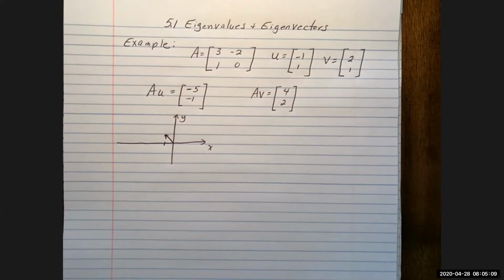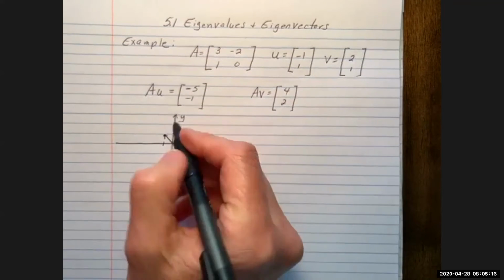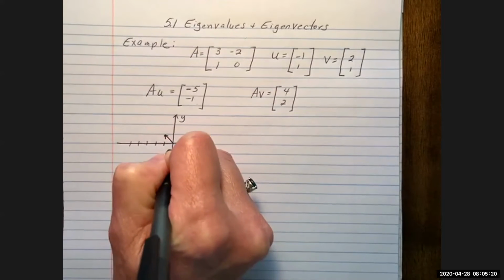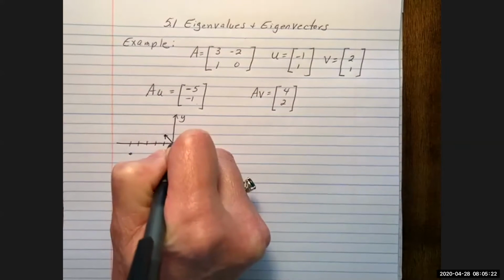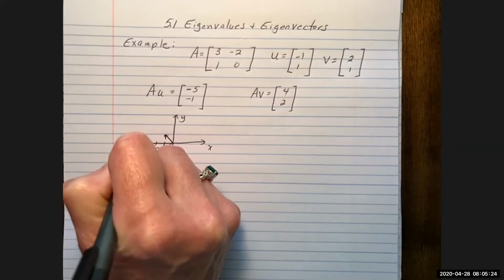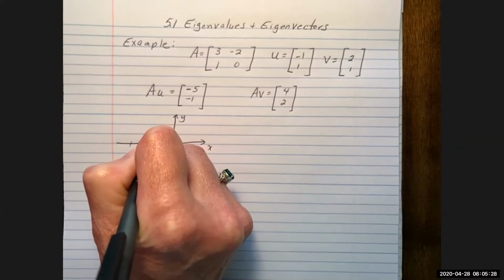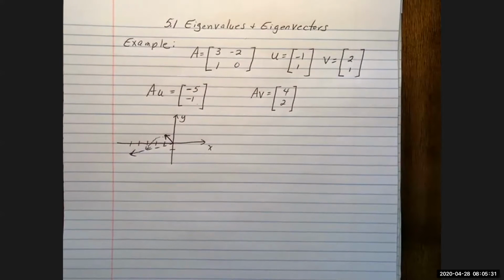And when I multiply that by matrix A, it maps that to the vector -5, -1. So I'm going to go to -5, -1. So it takes this vector here and maps it to that one.